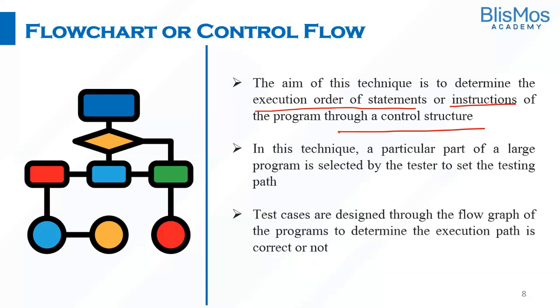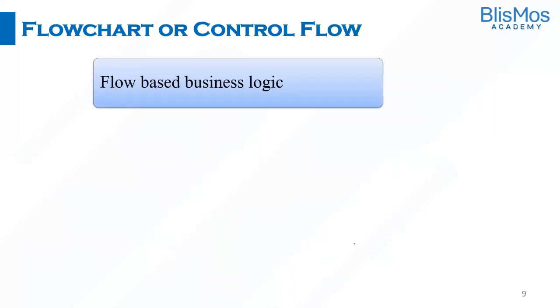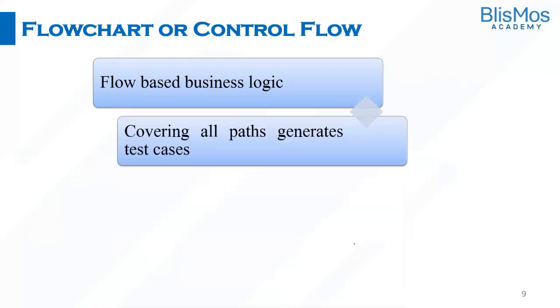So once we come out with the flow chart or a control flow, test cases are designed through the flow graph of the programs to determine whether the execution path is correct or not. We'll look at the business logic and depict that in a flow chart or a control flow. Then we'll see how many paths are there, and for each of the paths test cases are generated.